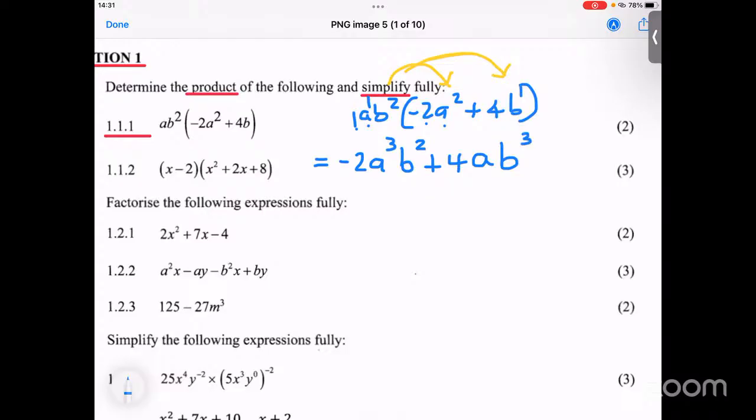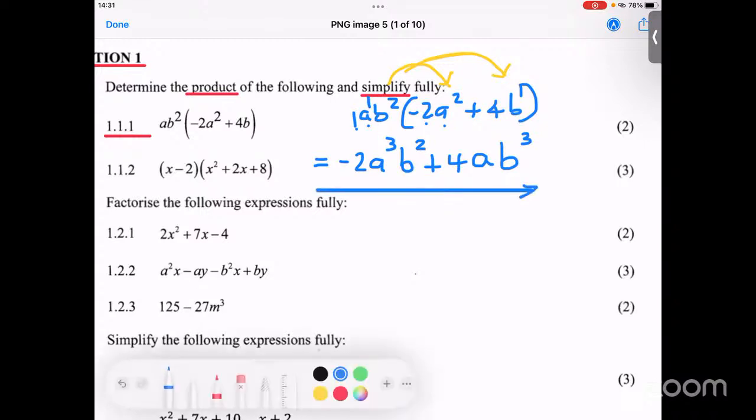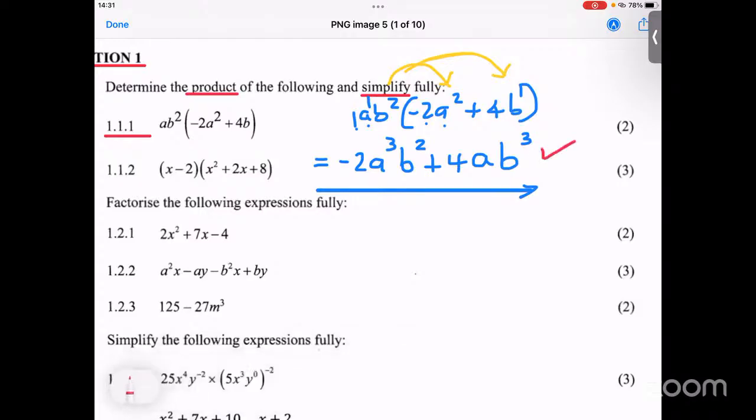It looks like this is the end of it. I'm not sure if you would agree with me on that one, but according to me, it looks like this is the end of it. And the reason for that is because you cannot further simplify that, it just ends as that. So what you need to do is just give yourself a mark there.